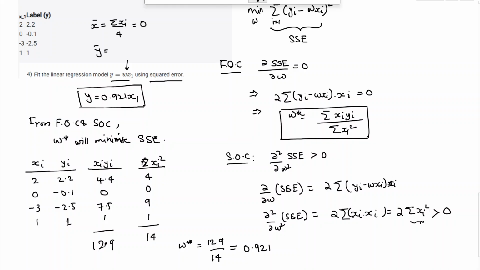And what is y bar? y bar would be 2 plus negative 0.1 plus negative 2.5 plus 1, which is 0.4, divided by 4. y bar is not 0, right?